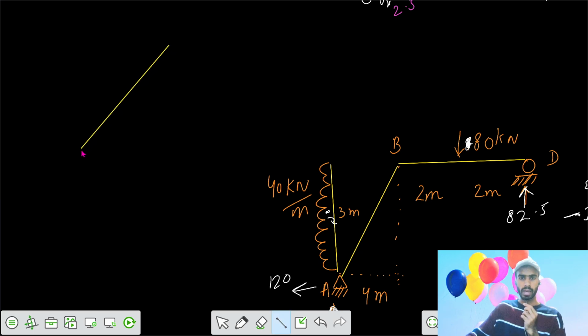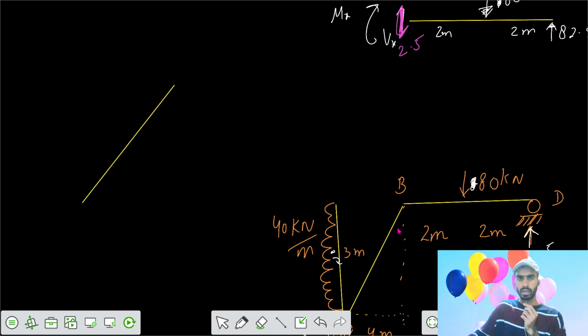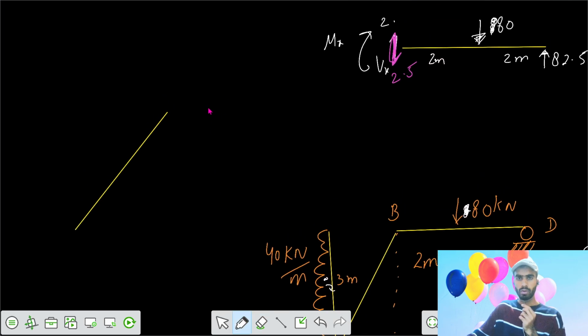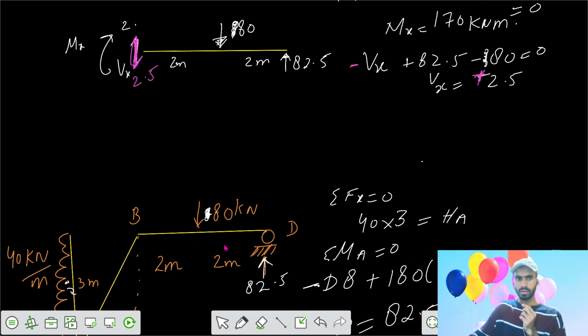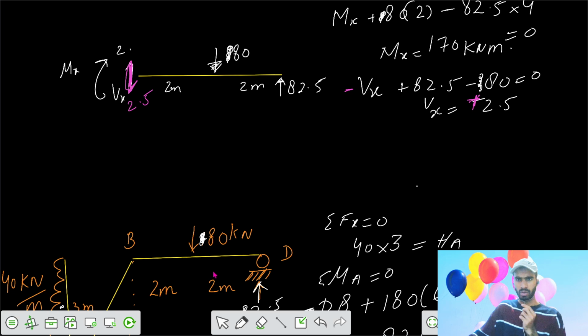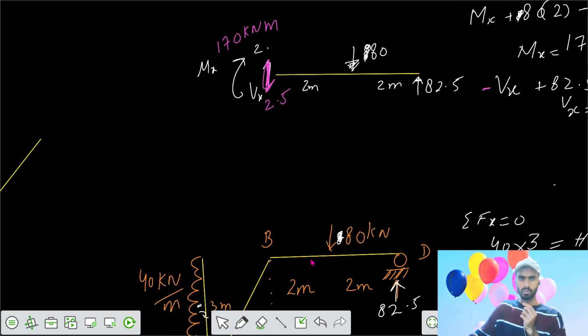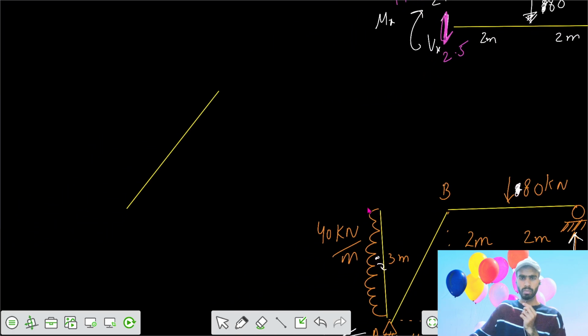So this is your member AB, and what we have here is the moment developed, that we got, 170 kilonewton meter. Those same forces and moments would be transferred into the member BA.